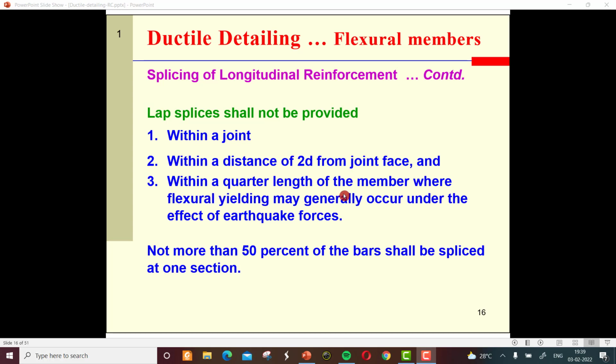Also not within the quarter length of the member where flexural yielding may generally occur under the effect of earthquake forces. Not more than 50% of the bars shall be spliced at one section.